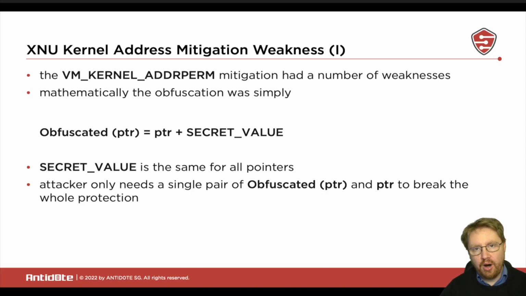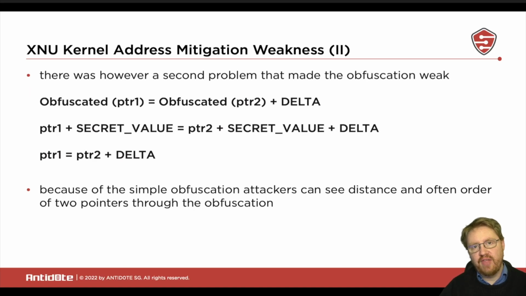But there was actually more to this weakness that might be obvious when you look at the mathematics a little bit deeper. Even if you don't know the secret value, you need to keep in mind what is happening when you have an obfuscated pointer 1 and an obfuscated pointer 2. They obviously have different values, so there's a delta in between these two obfuscated values.